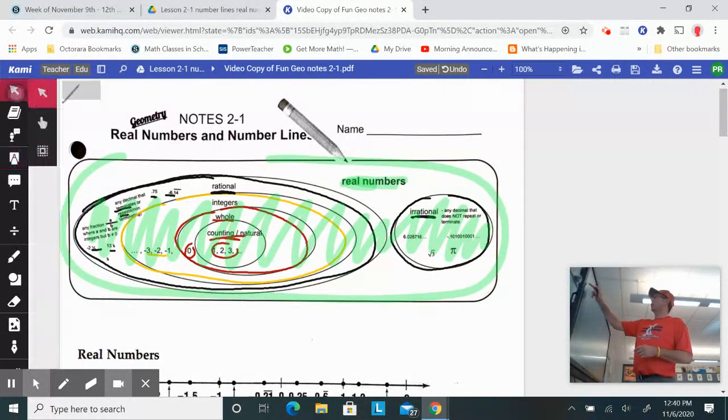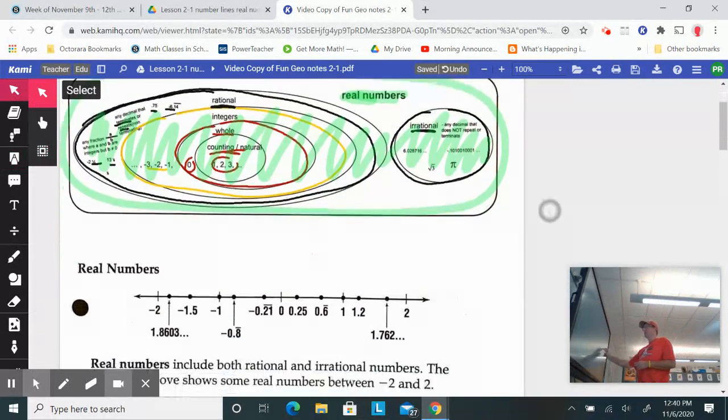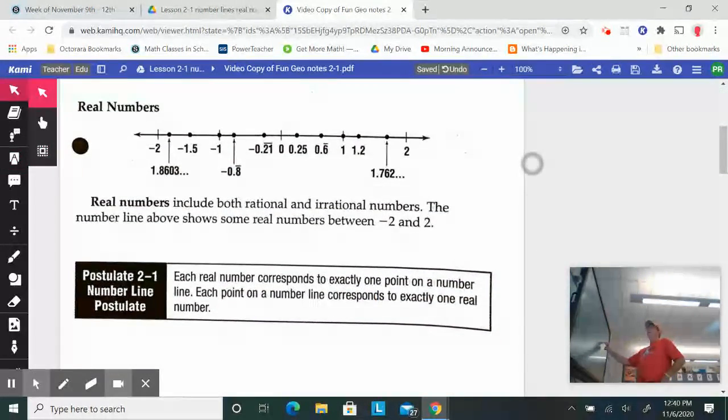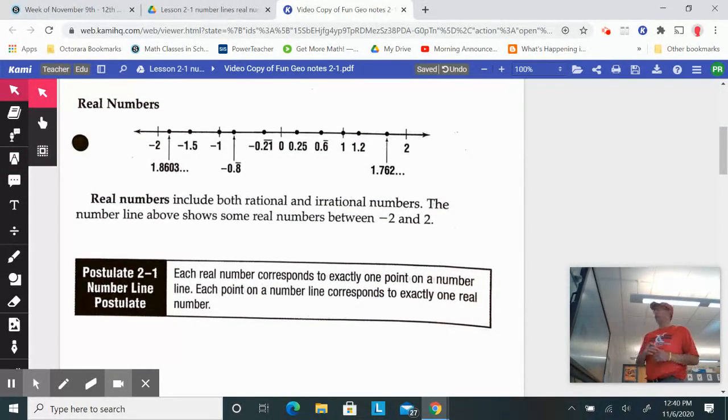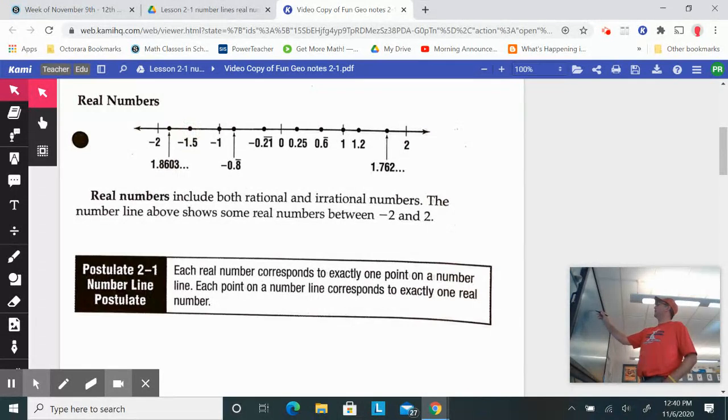Now you find these real numbers on a number line. Any number line, you can label where a real number is placed. Look at this example right here. You have negative 8/10 repeating, but negative 1 is less than that, negative 1/2 is less than that, negative 2 is less than that.